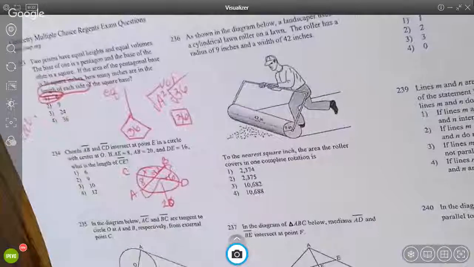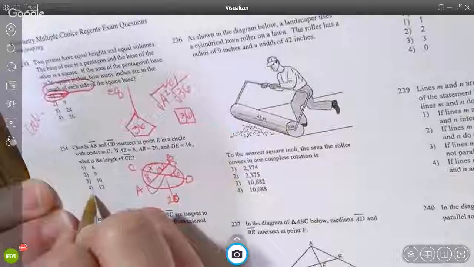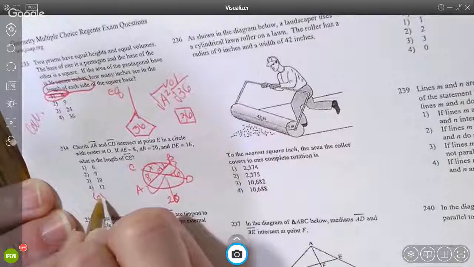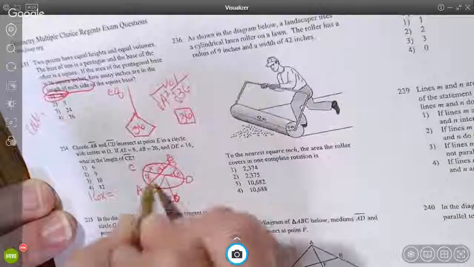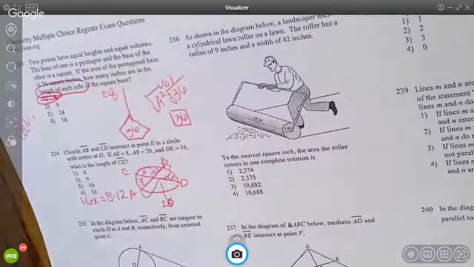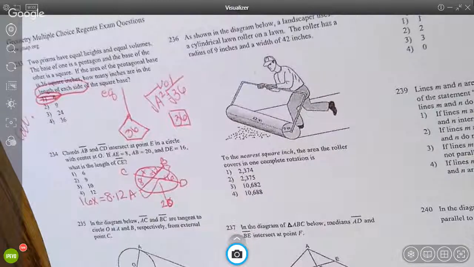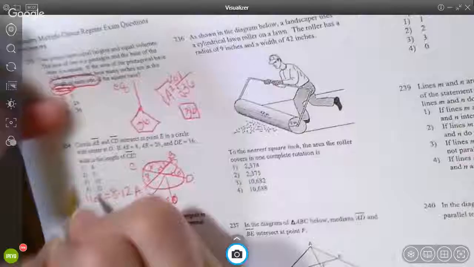Because it's chords inside of a circle, we're going to do part times part equals part times part. So we've got 16x equals 8 times 12. Number 1. 12 times 8 is 96. Divided by 16 is 6.